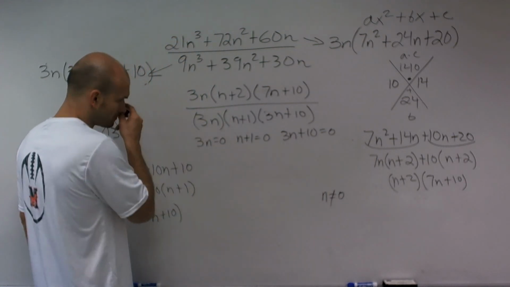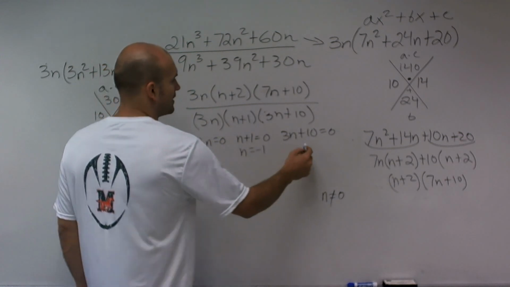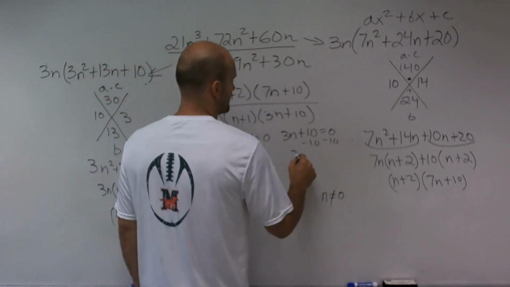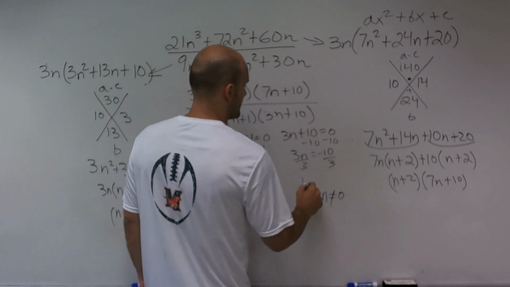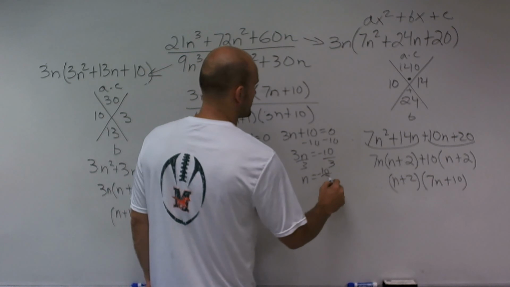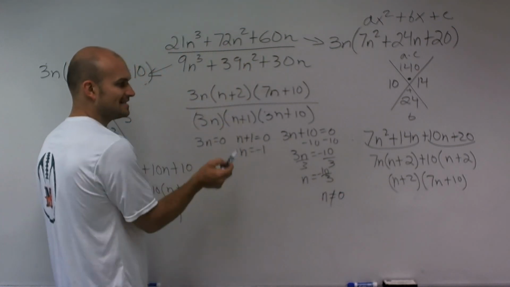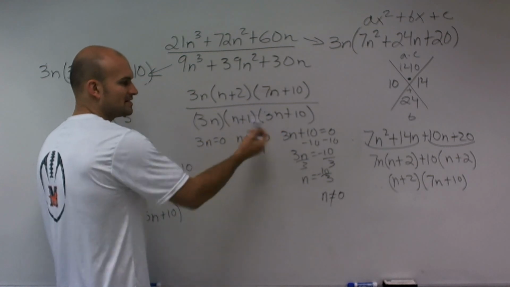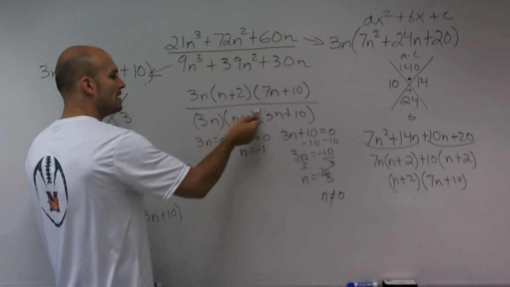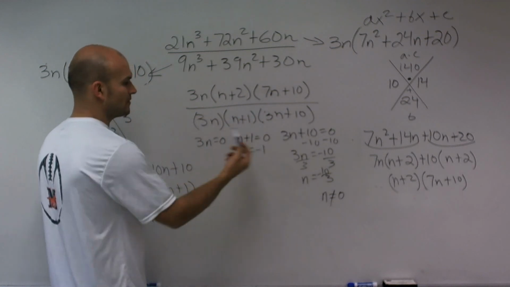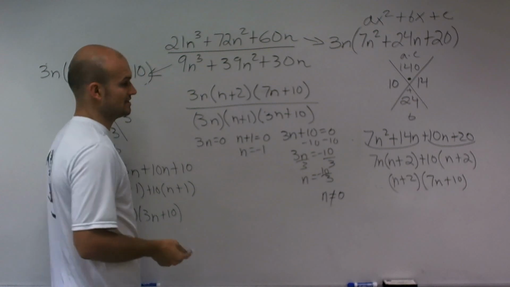So what I have here is n equals negative 1 and negative 10. 3n equals negative 10, divide by 3, n equals negative 10 thirds. So what that means is if n equals negative 1, that's equal to 0, meaning the whole denominator is equal to 0. If n equals negative 10 thirds, that's equal to 0, meaning the whole denominator is equal to 0. And if n equals 0, that's 0, and the whole denominator is equal to 0.